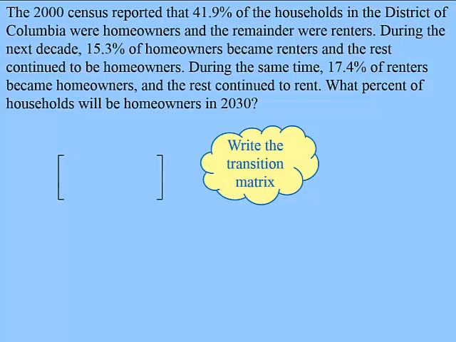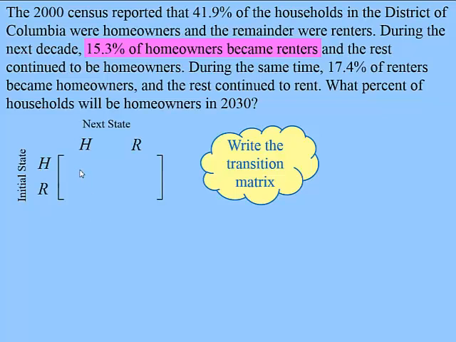We want our rows to be the initial state, homeowners and renters. We want our columns to be the next state. And then we take the words in the problem. 15.3% of homeowners became renters.